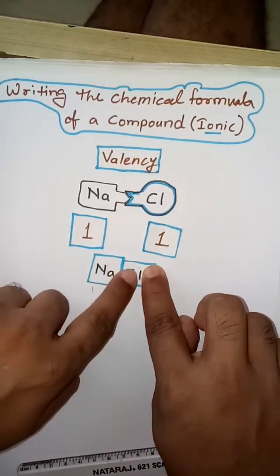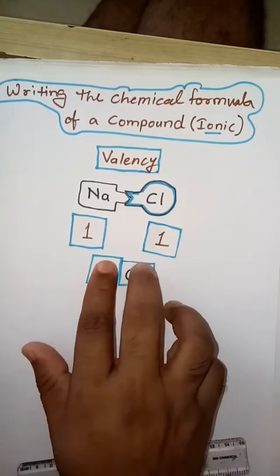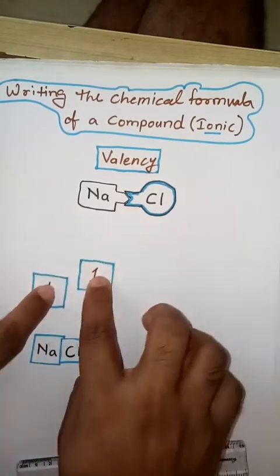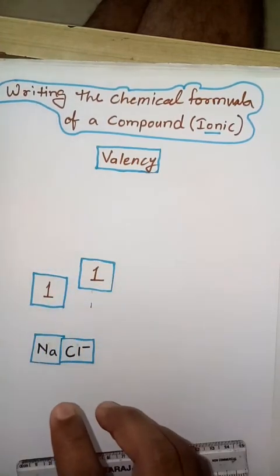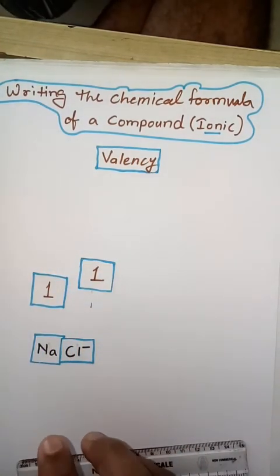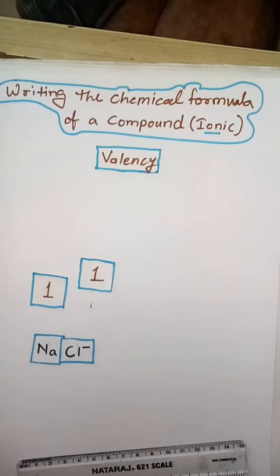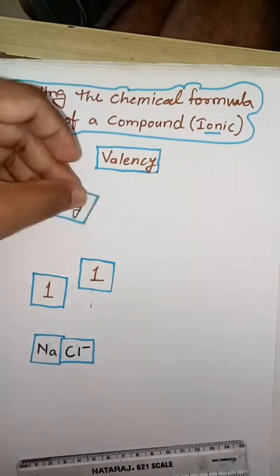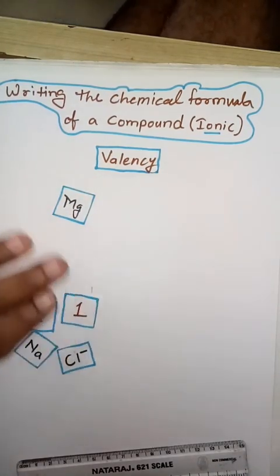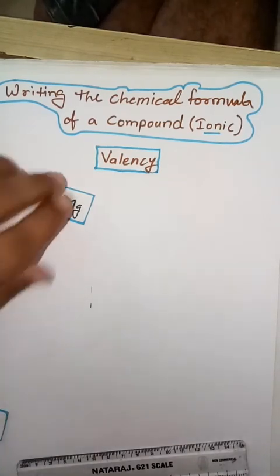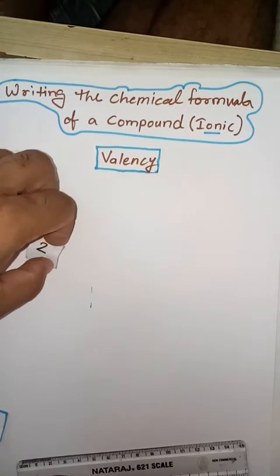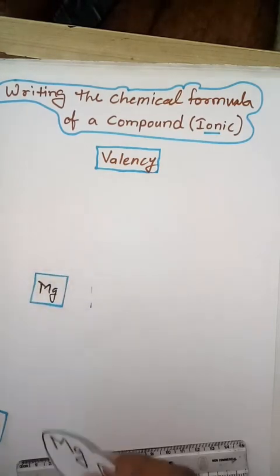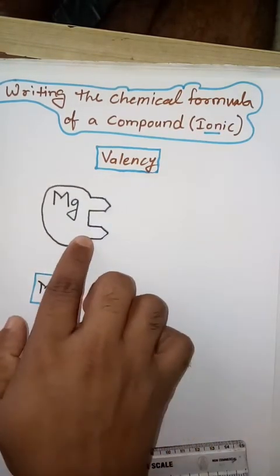Now we move to the next. Let me show you a more complicated one, how to write it. Suppose I want to write the magnesium chloride formula. We know that magnesium has the valency of 2, because its electronic configuration is 2, 8, 2.